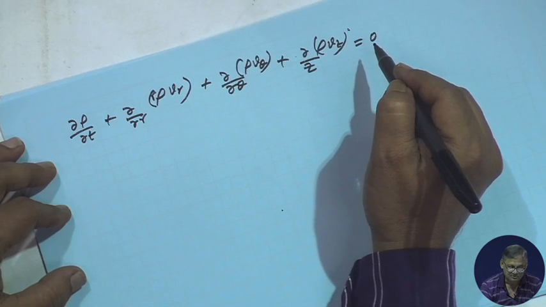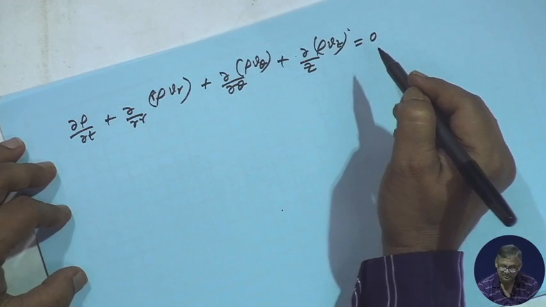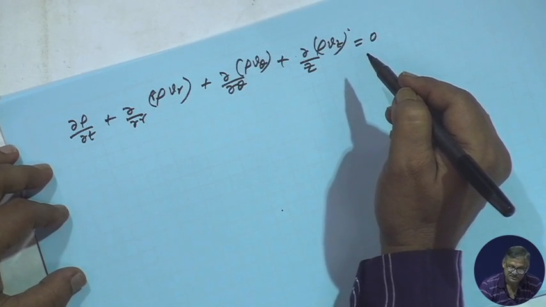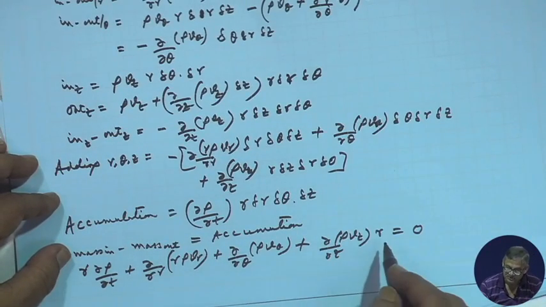One thing we have to keep in mind is this r which was there.